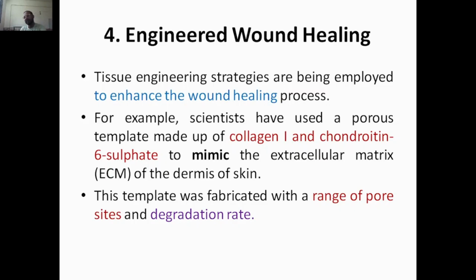This template was fabricated, that is, manufactured, with a range of pore size and degradation rates.